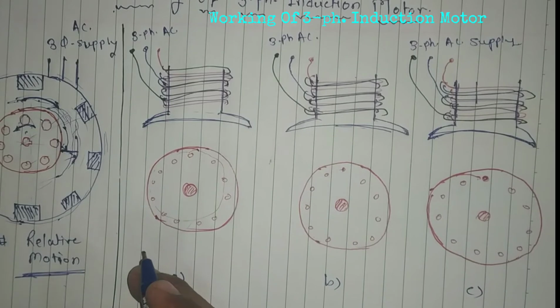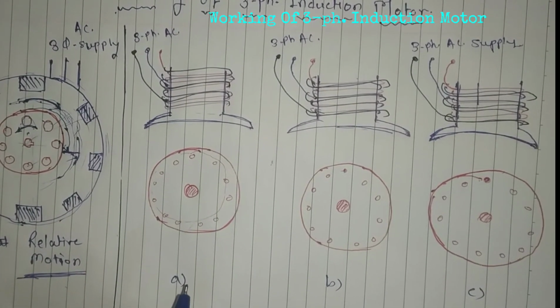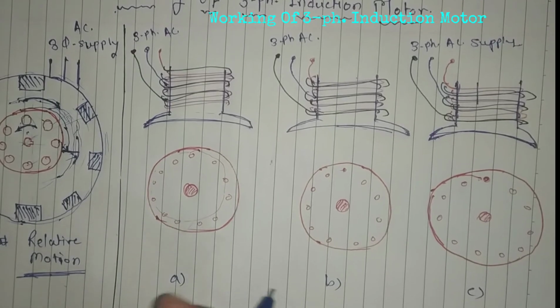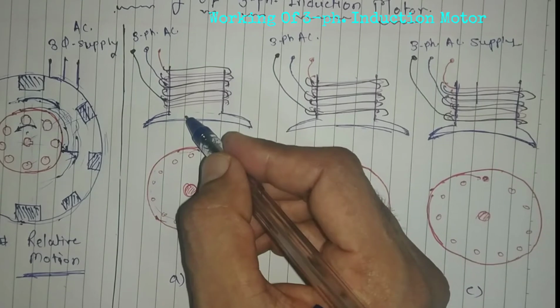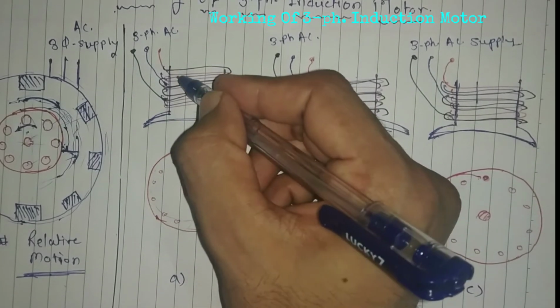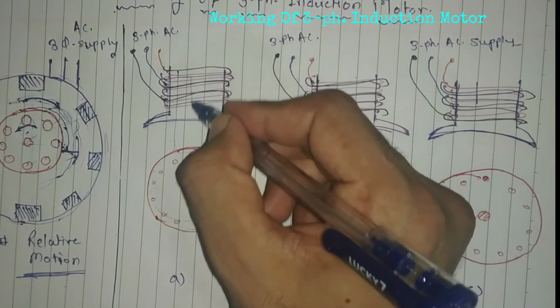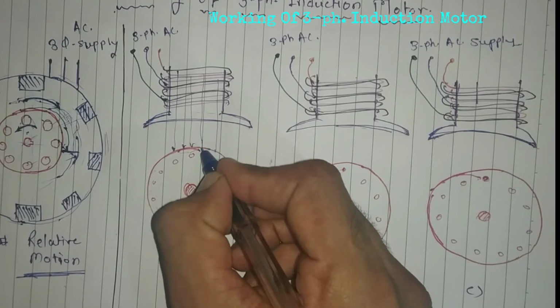Okay, now let's see diagram number 1. We already discussed this. Suppose we are providing 3 phase AC supply. When we provide 3 phase AC supply, a magnetic field will be produced at the stator pole, right? And suppose this is actually coming down towards the rotor, like this.